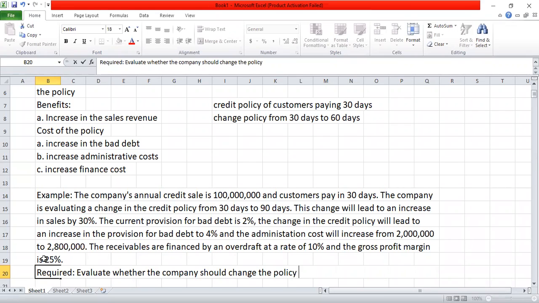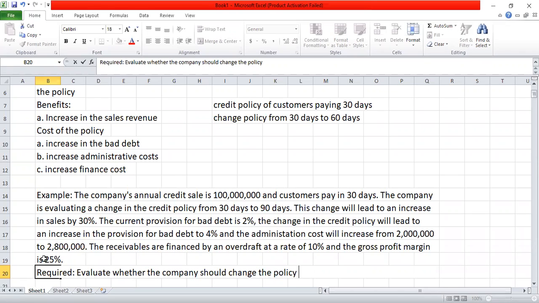Let's look at this example. The company's annual credit sales is 100 million, and the customers pay in 30 days. The company is evaluating a change in a credit policy from 30 days to 90 days. This change will lead to an increase in sales by 30%. The current provision for bad debt is 2% of credit sales.